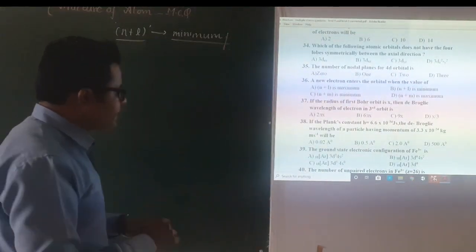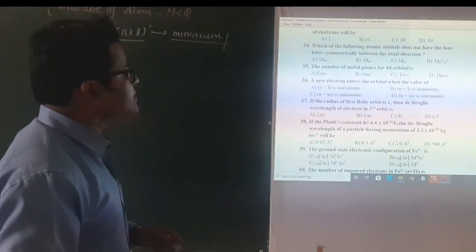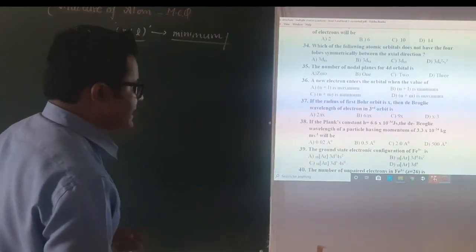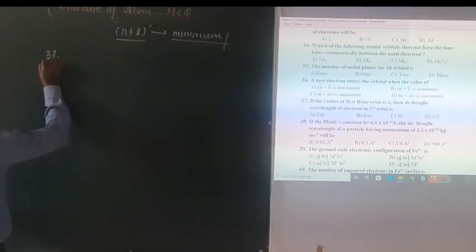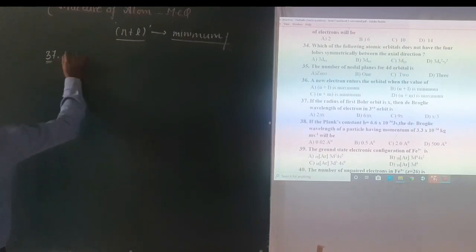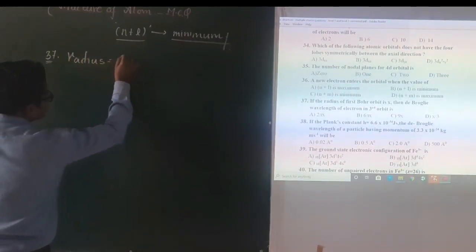Coming forward with the next question. If the radius of the first Bohr orbit is x, okay, let's solve this. Question number 37. The radius is given as x.